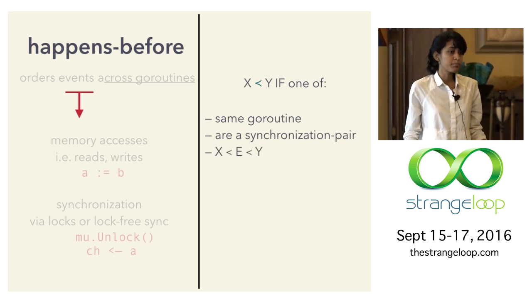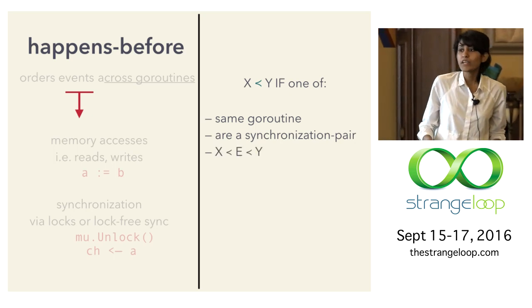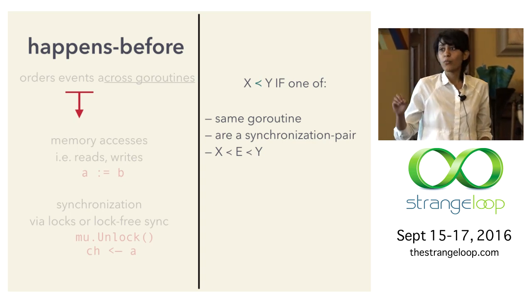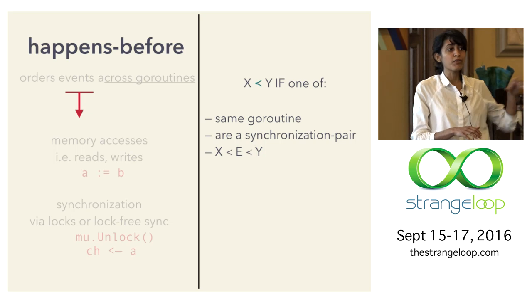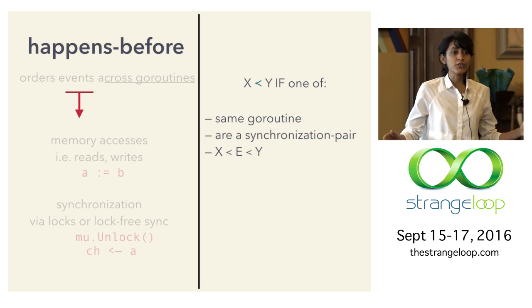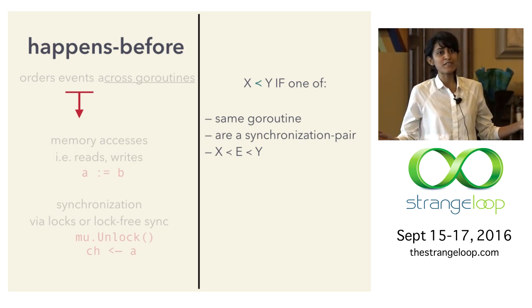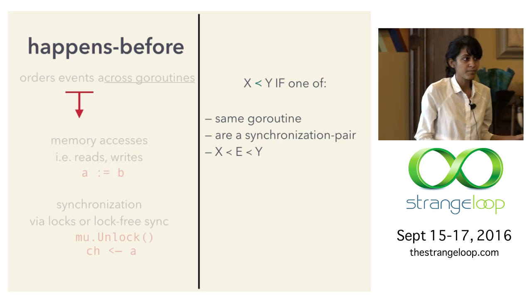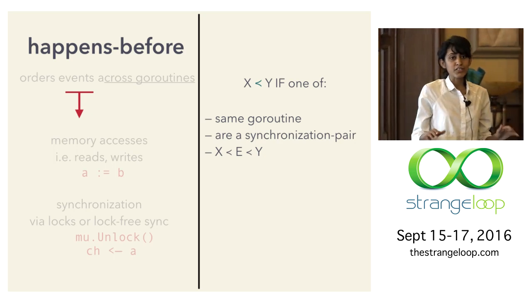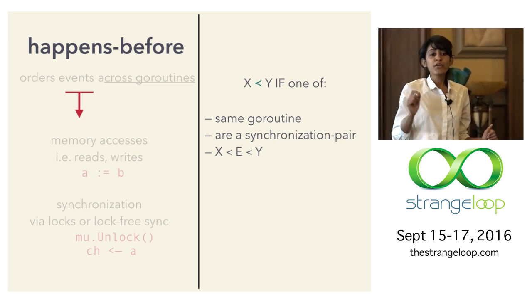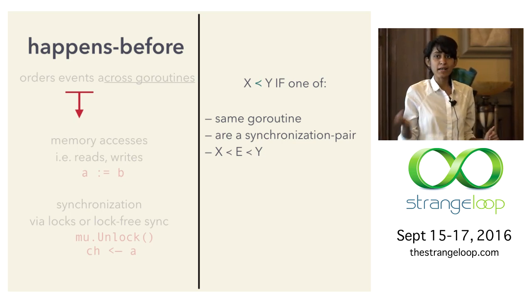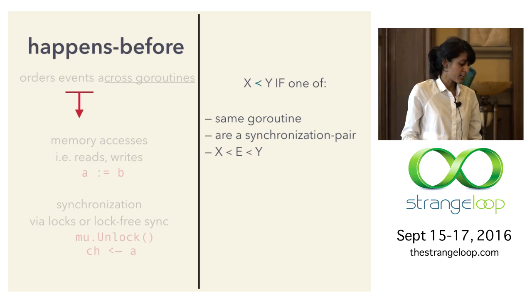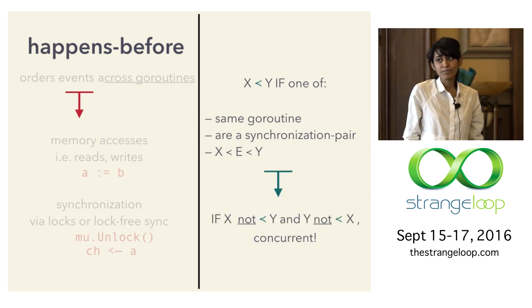Or 3, by transitivity. If we can establish that one event happens before the other, and that event happened before a third, then we can conclude that the first event happened before the third event. If we can establish this, we're good. But if we can't establish that X happens before Y, and Y happens before X, then they're concurrent.